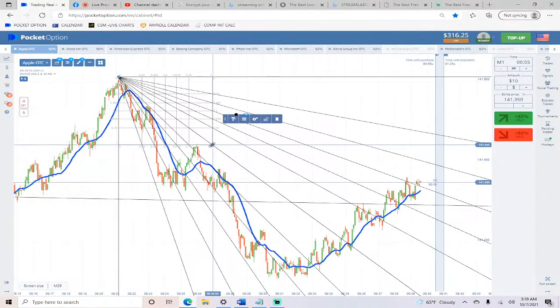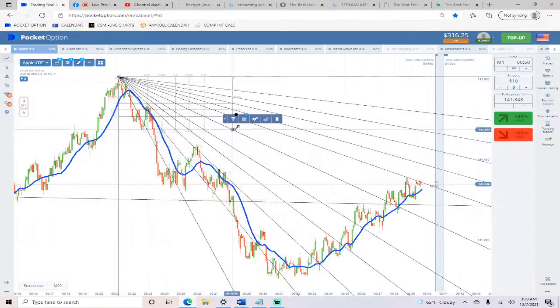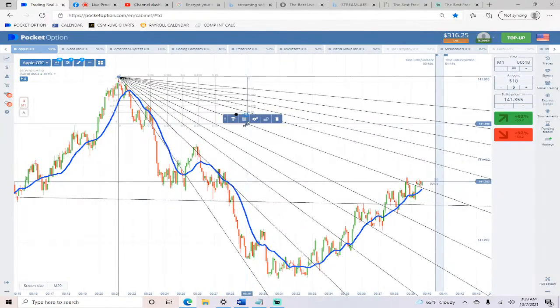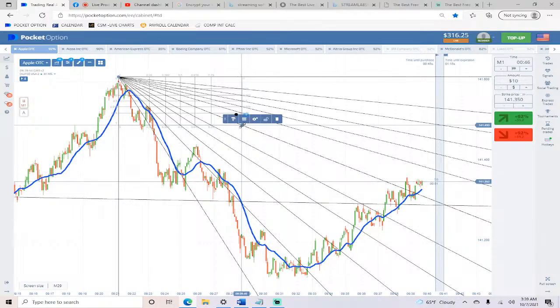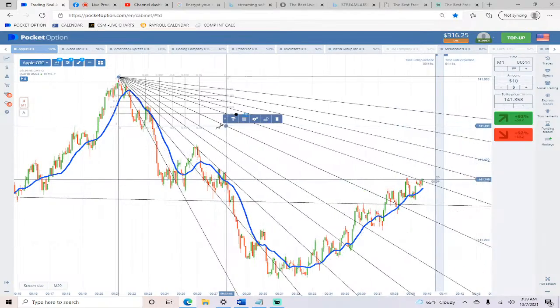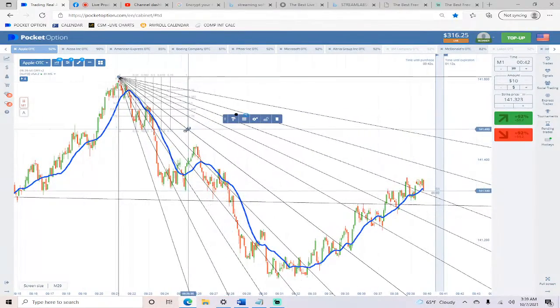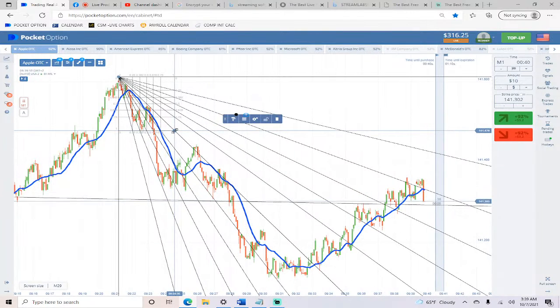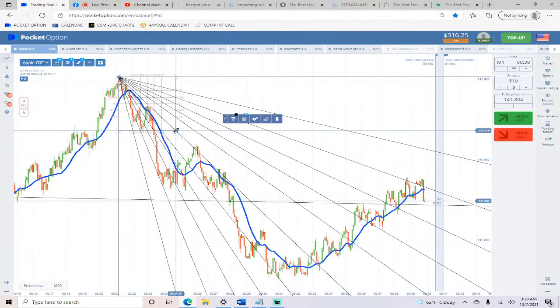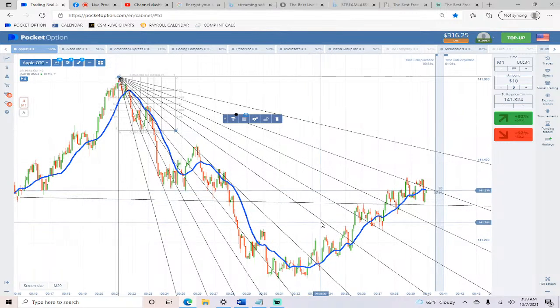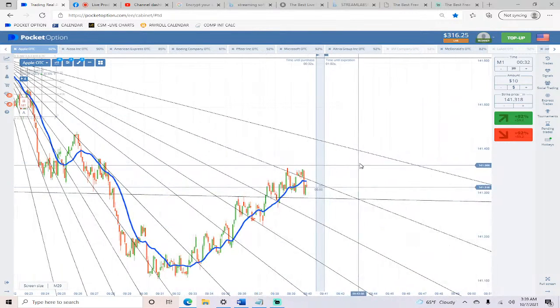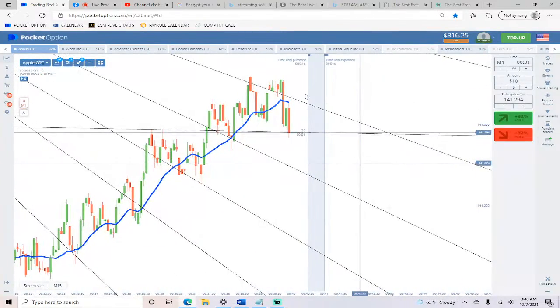Come here. Let's see. This makes the most sense to me. That double arrow's down.